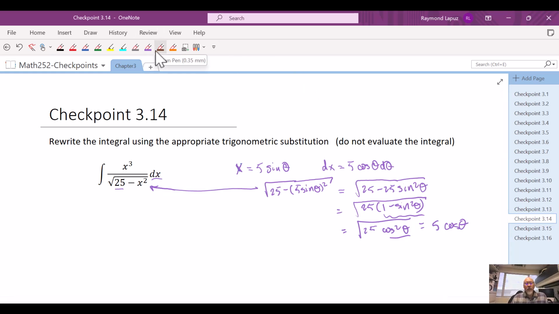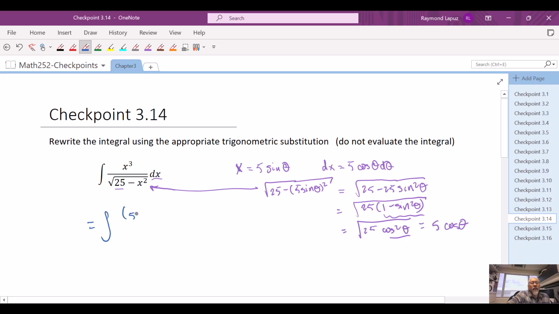So again, the purpose of doing this particular substitution is to be able to take advantage of a trigonometric function that's going to be squared, so that the square root can undo that. Okay, what do we have now?